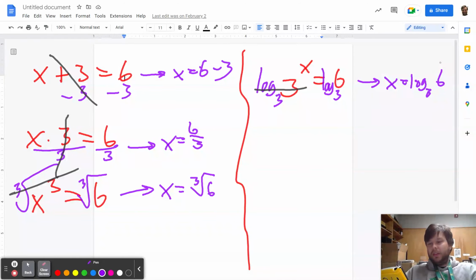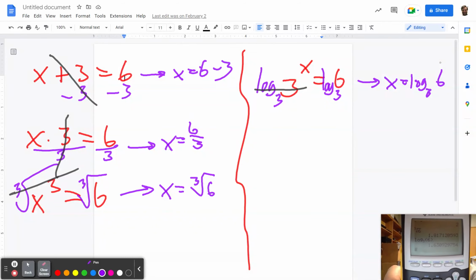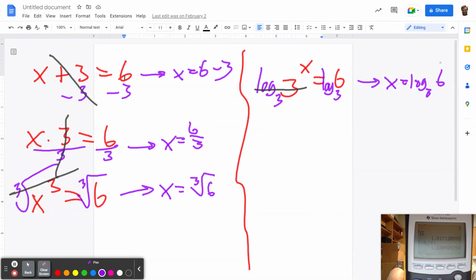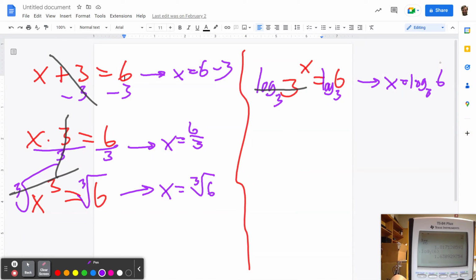So you put a 3 in the base and a 6 in the input. You hit enter and it tells me the answer. It's not the same as the cube root. This is telling me that 3 raised to the 1.6 is equal to 6. And that's different than the cube root. The cube root is telling me that 1.8 times itself 3 times is 6.